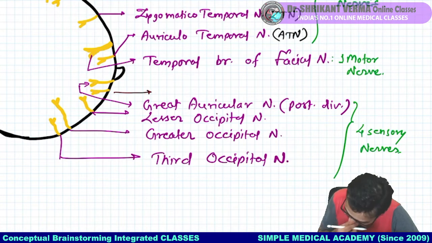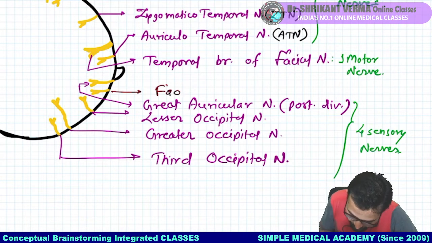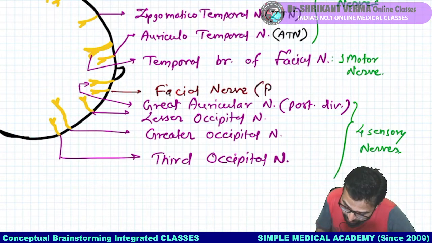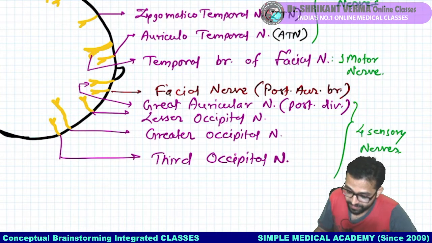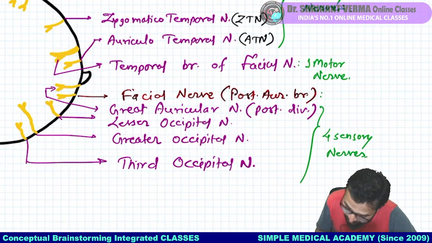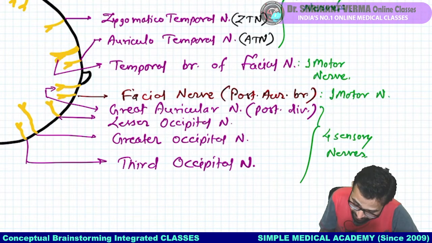So here is the 1 motor nerve, that is again a branch from our facial nerve. So what I want to tell you, this is our facial nerve, which branch? Behind the ear, that's why better to say posterior auricular branch. Again remember, it is a motor nerve. Fine.